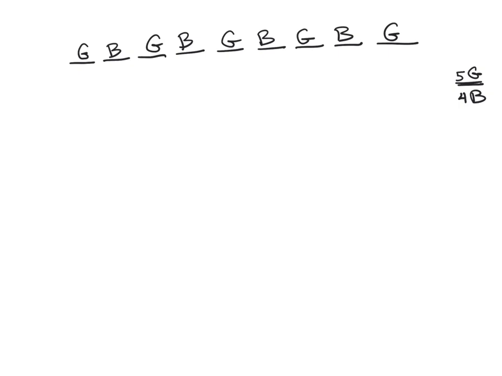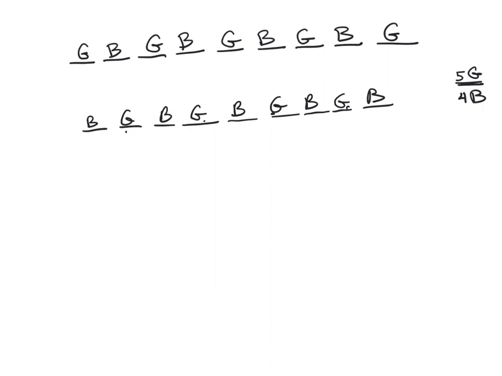One way to seat 5 girls that are not next to each other, and I think it's the only way in this case, is to start with a girl and alternate girl, boy, and so on. If we started with the boys, then there's a problem. We'd be seating 4 girls and 5 boys. So this is the arrangement we're looking for.